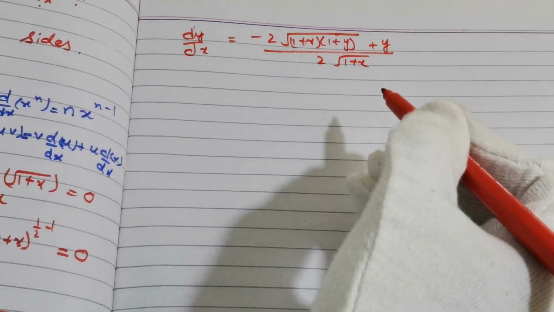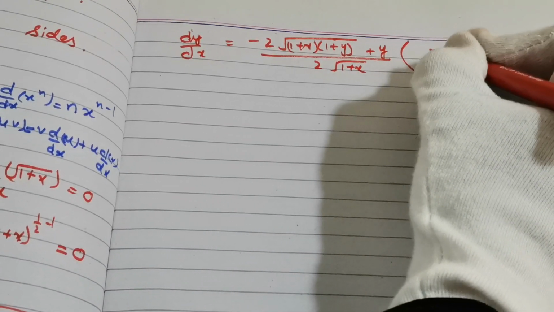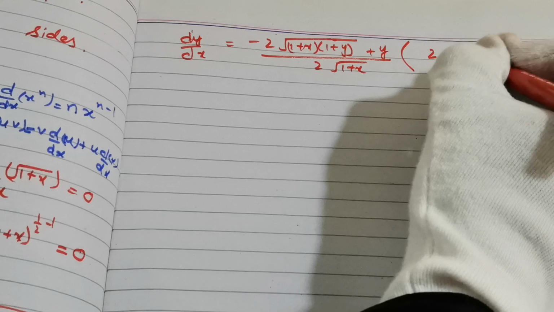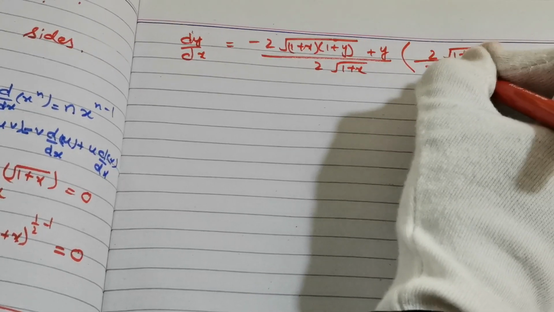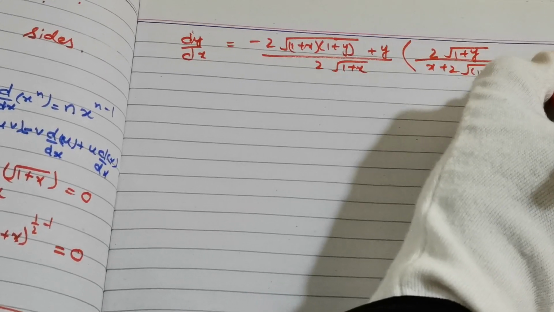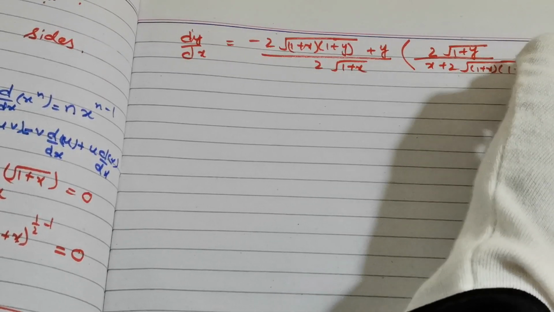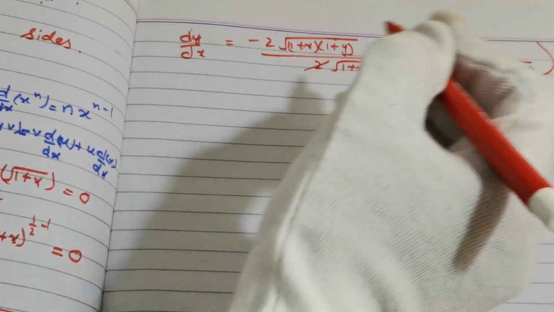This term is already here, and as I told you, the denominator will become the numerator and the numerator will become the denominator. So 2 and 2 both cancel each other.